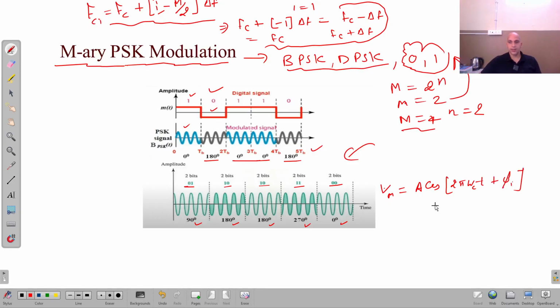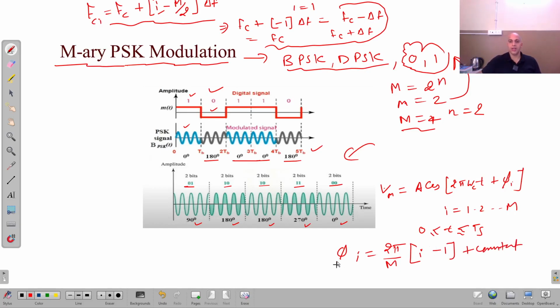Phi I, again the rule is I goes from 1 to M, and t is taken greater than or equal to 0 and less than or equal to Ts. The formula for calculating phi I is equal to 2 pi upon M into (I minus 1) plus a constant.